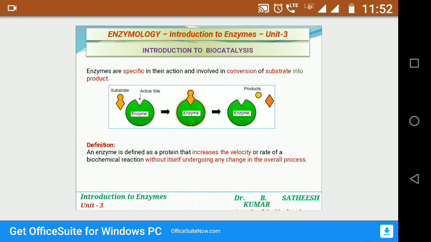So that is why an enzyme interacts with its own substrate and converts it into product.